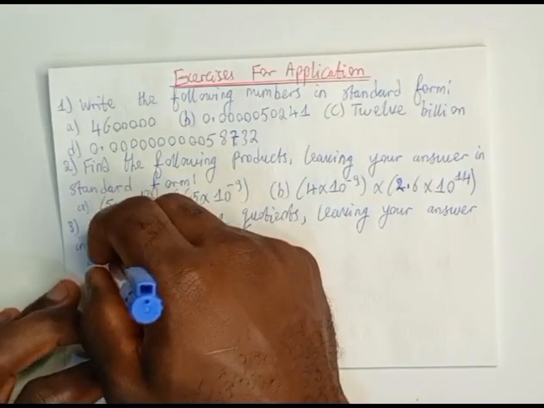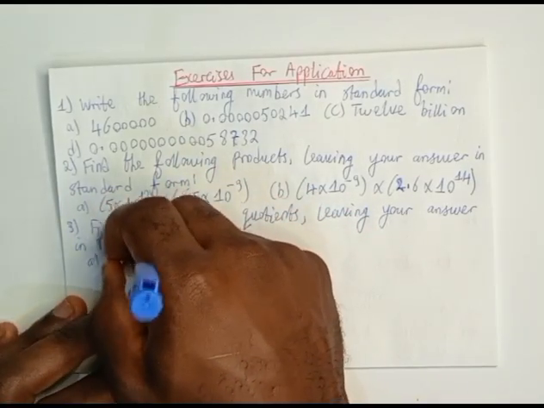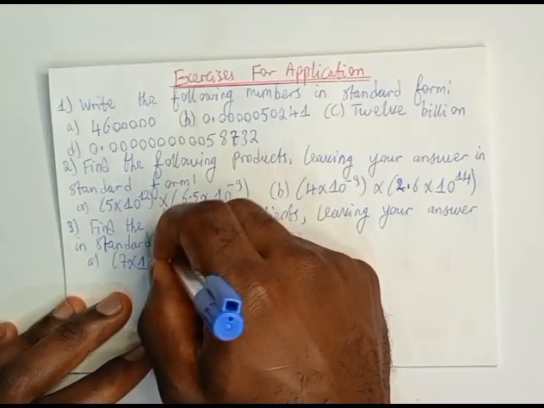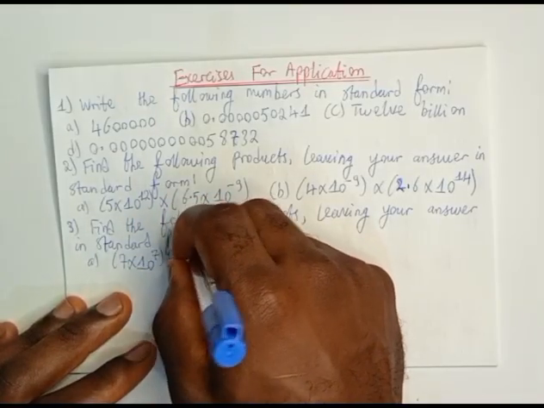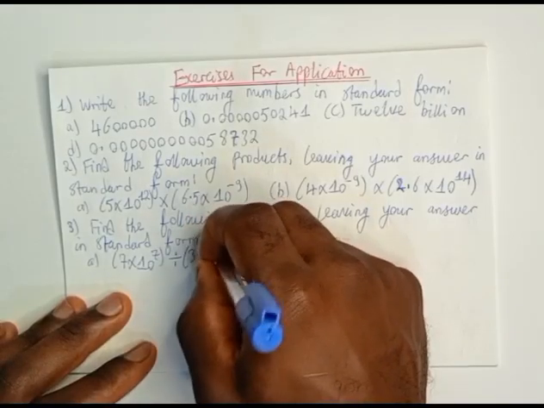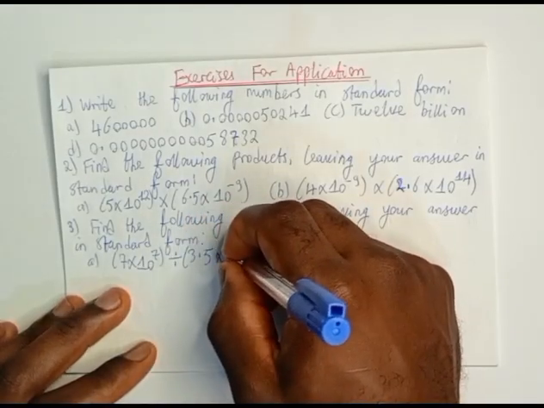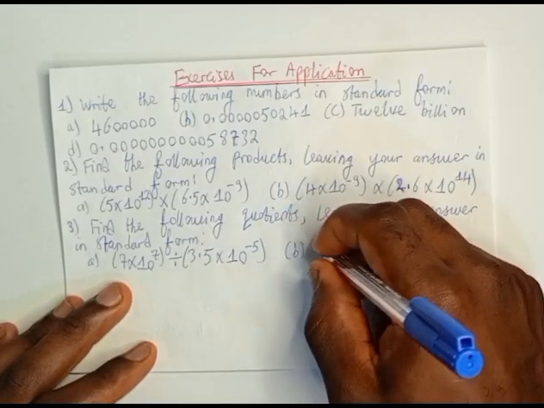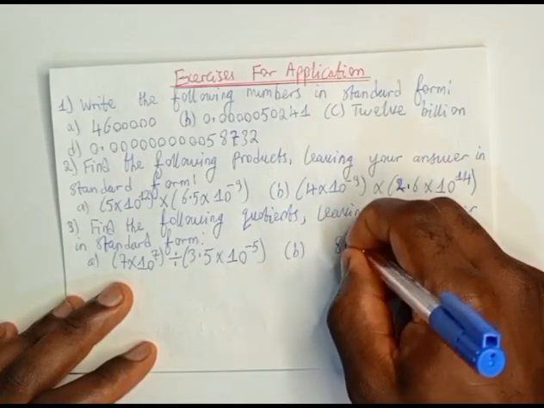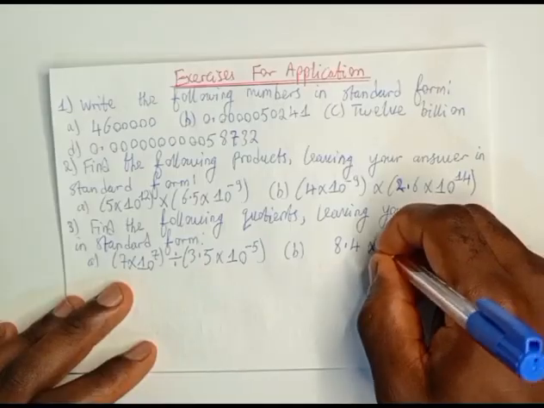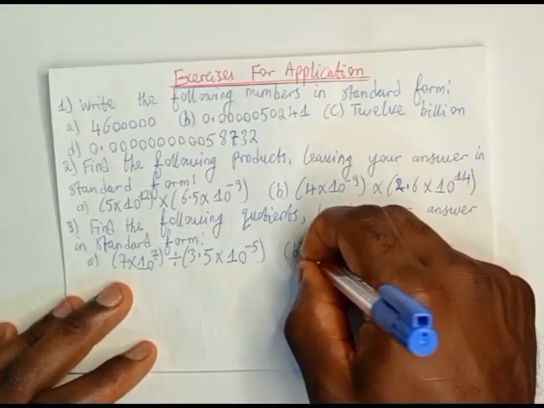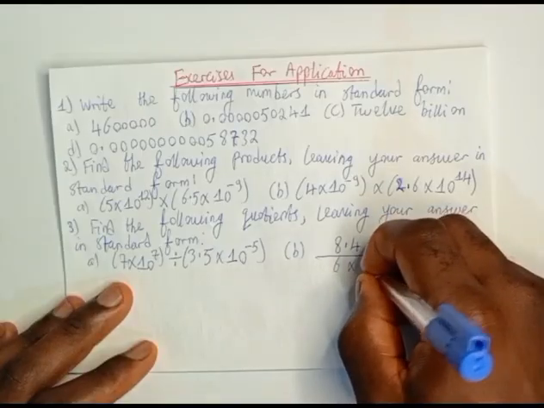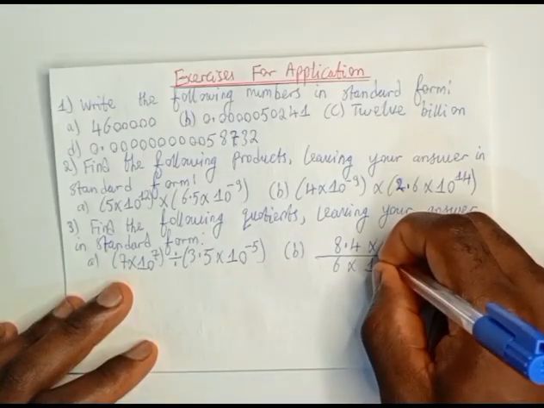For A, we have 7 times 10 to the power 7 divided by 3.5 times 10 to the power -5. For B, we have 8.4 times 10 to the power 9 all over 6 times 10 to the power 5.